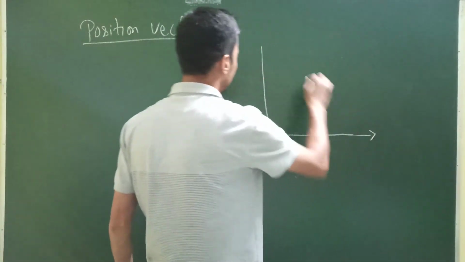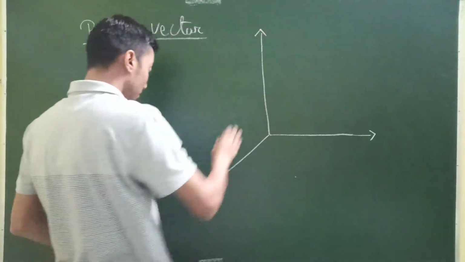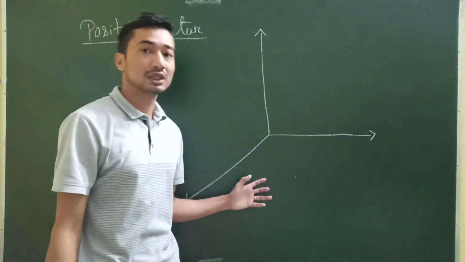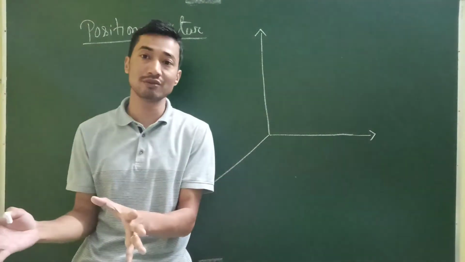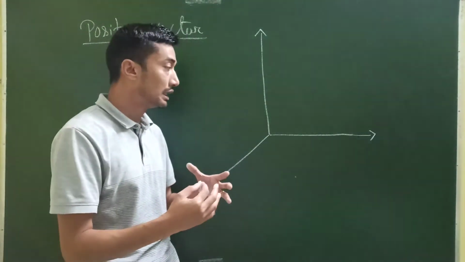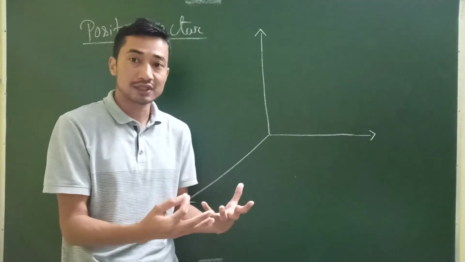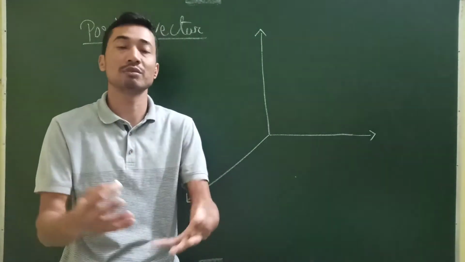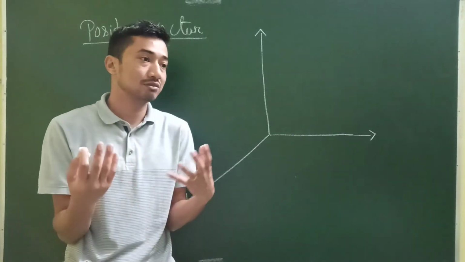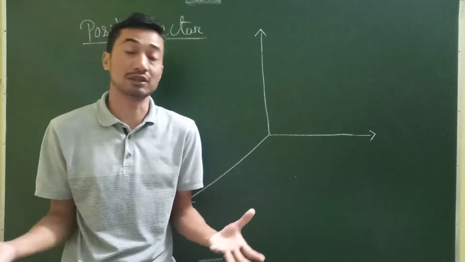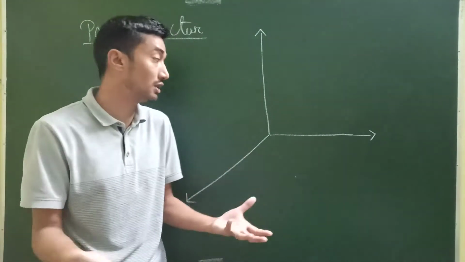Imagination holds the key, because this board is a two-dimensional figure and I cannot show you the three-dimensional figure. At most I can give you my imagination and tell you to imagine, but if you're not ready for imagination, that's really going to be difficult. There's no other option.